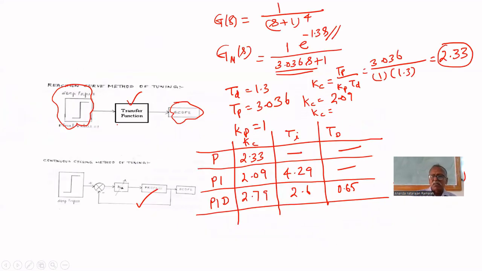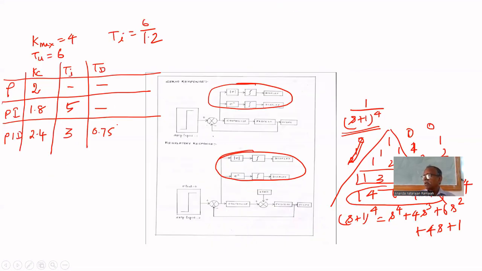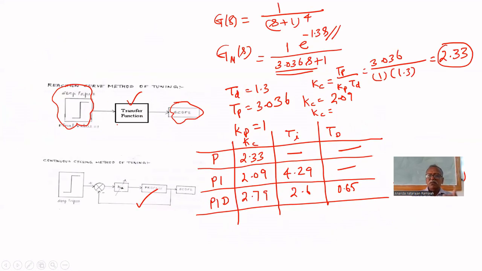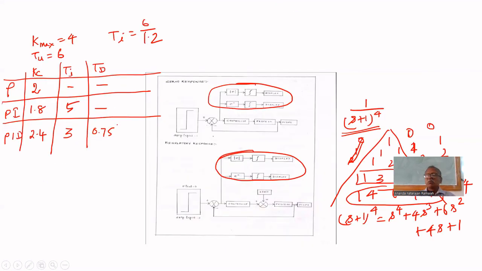You compare this with this: 2.33 here, 2 here. For the P controller, how much did you get in the reaction curve method? 2.33. Here 2. The ultimate gain, or K max, is 4. Gain margin equal to 2 means 2 should come. Which method gives better calculation?